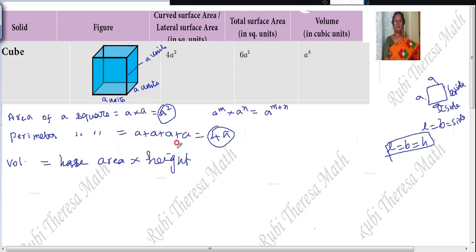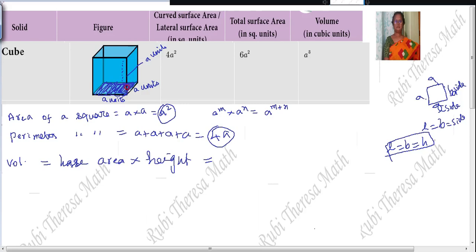Why I am saying base area is, while you are pouring something, it will automatically cover the base area. It will go and lie down at the base fully. It will cover this whole area. Then while you are pouring and pouring, it will reach up to the height.